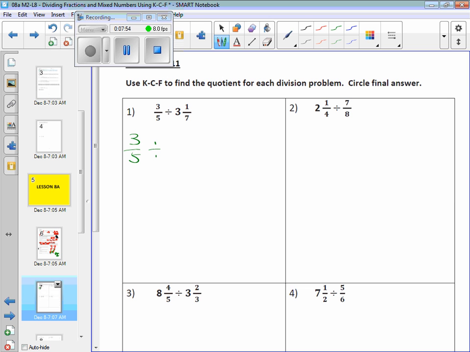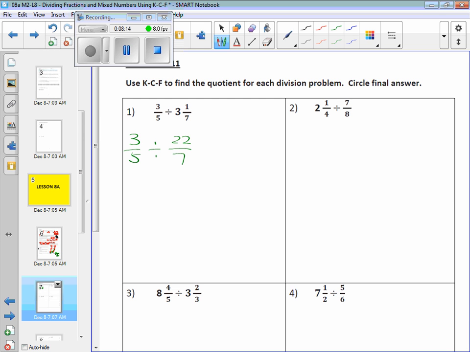Over. Got it. Now I'm going to do my keep change flip. Okay? Take it step by step. Unless both of these numbers are regular fractions and not improper, I want you to do mixed numbers into improper fractions before you do keep change flip.